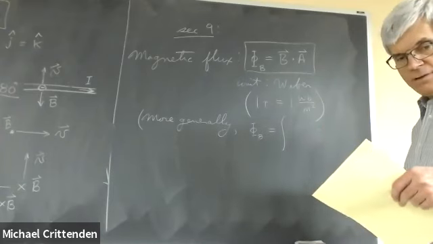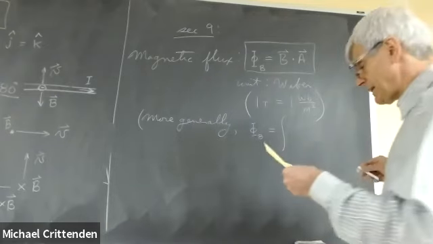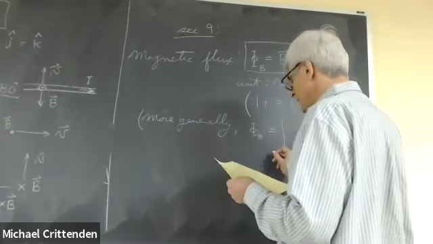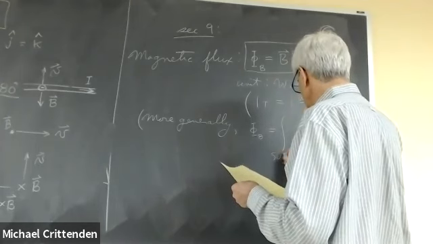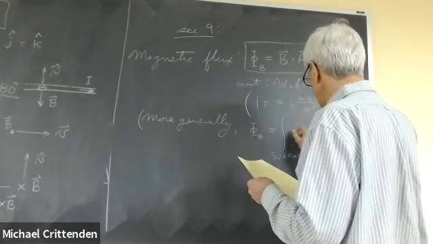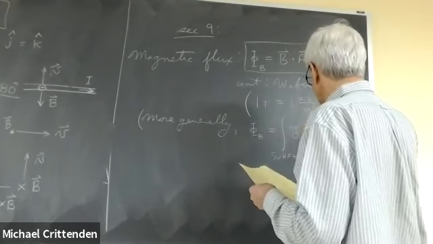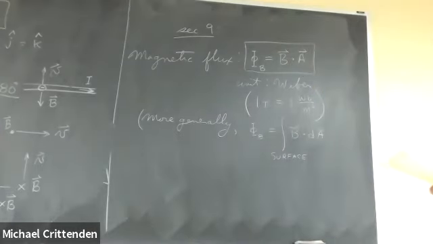In that example at the top of the page, you got a circular loop. What's the area enclosed within it? You have to divide that surface up into a lot of little dA type pieces. Integrate over the whole surface. Integral of B dot dA.